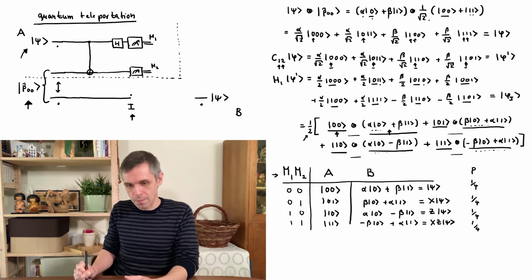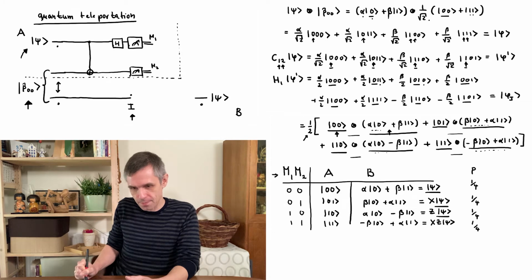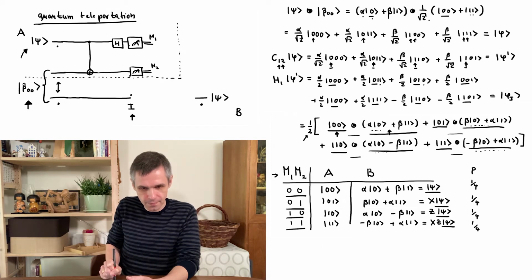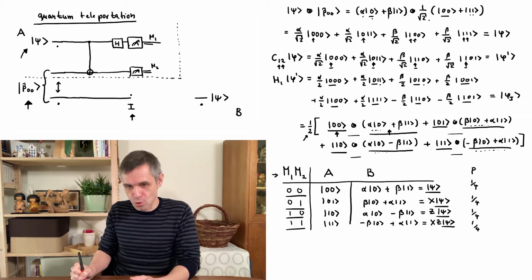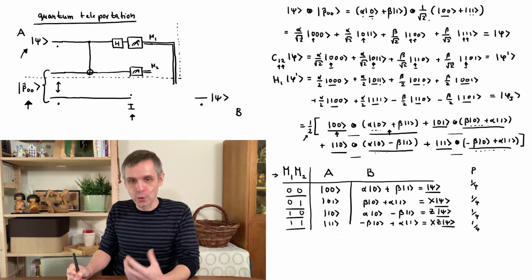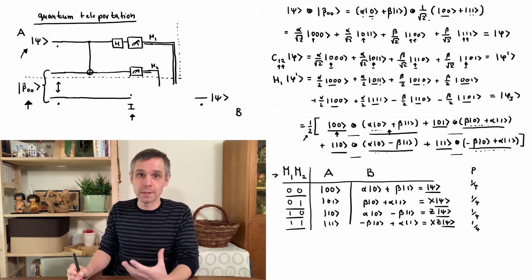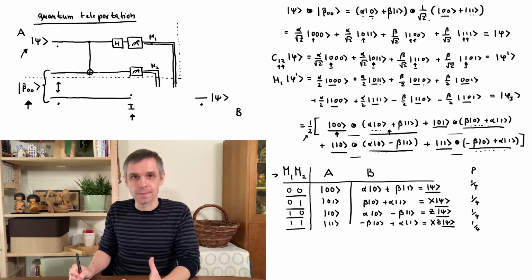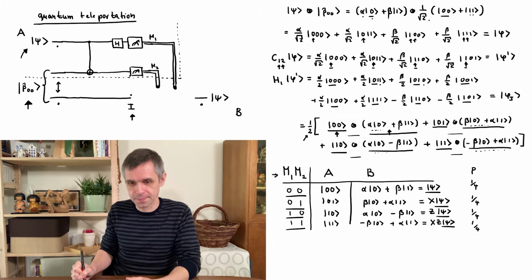And this now means that Bob can reconstruct the quantum state psi in all cases when he knows the values of these classical bits here. So all that Alice needs to do is to transmit these classical bits to Bob. So at this stage, only classical information is being transmitted from Alice to Bob. So all that is required, that is classical information, is being sent from one person to the other.